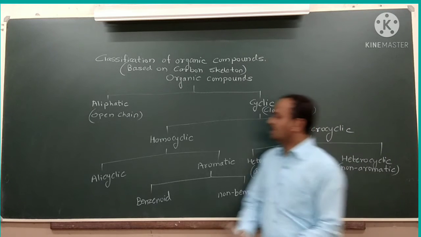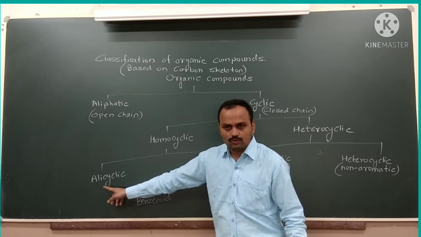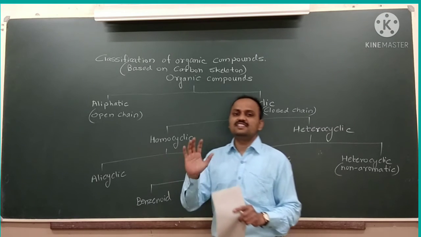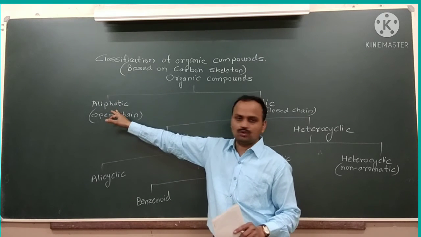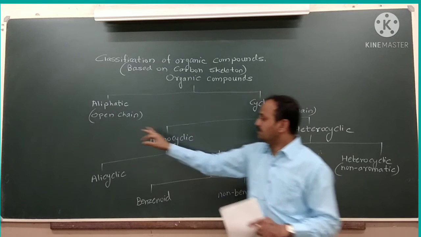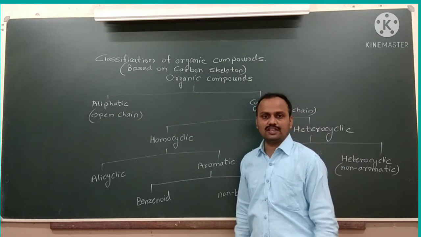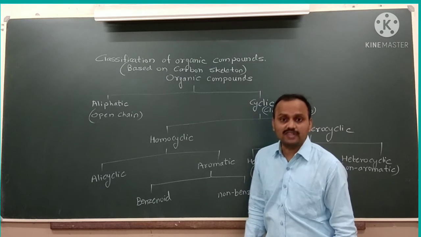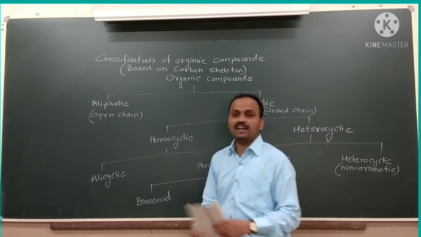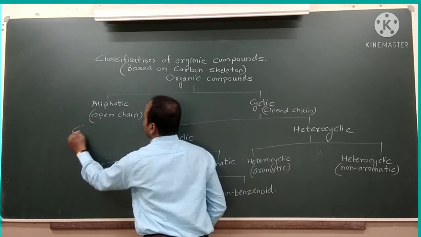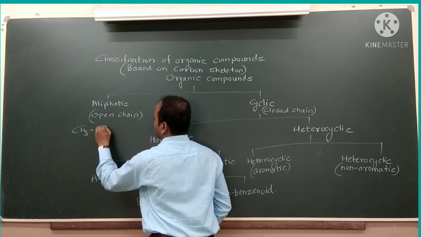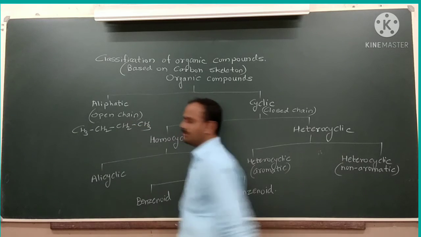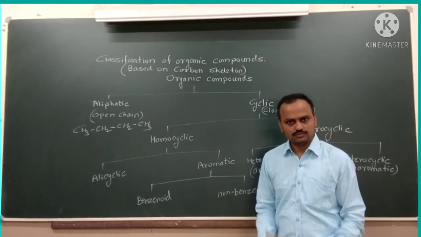First example: I told you that alicyclic compounds have properties resembling aliphatic compounds, but they are of the type homocyclic. Students, we know the example of butane. Butane comes under aliphatic. Please see CH3, CH2, CH2, CH3. This is butane.